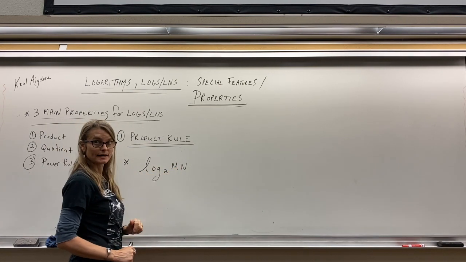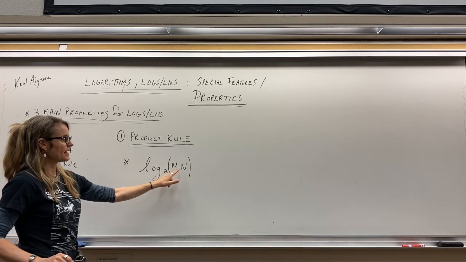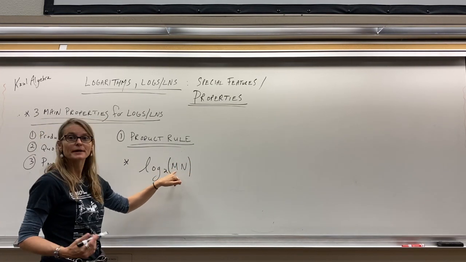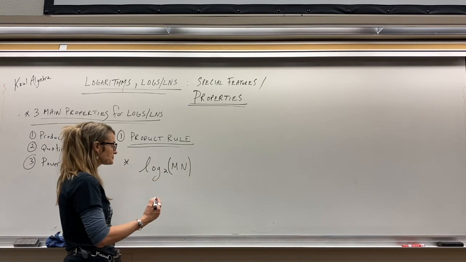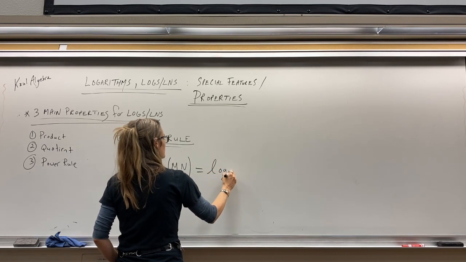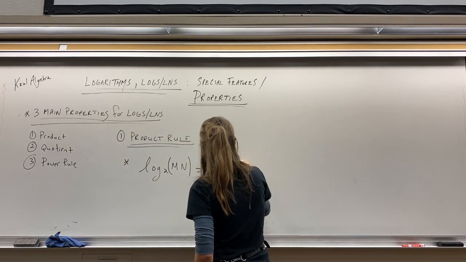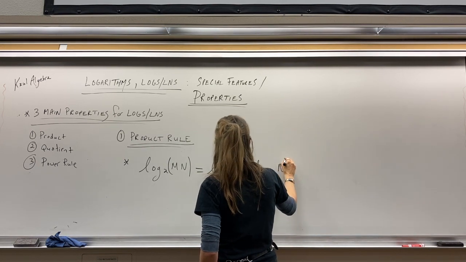It's just m and n beside each other, which of course implies multiplication. I use m and n; there are other variables or letters used in other textbooks. This will always equal log base A of m plus log base A of n.